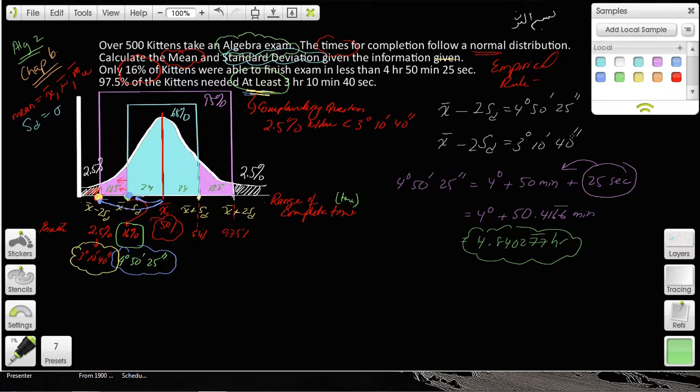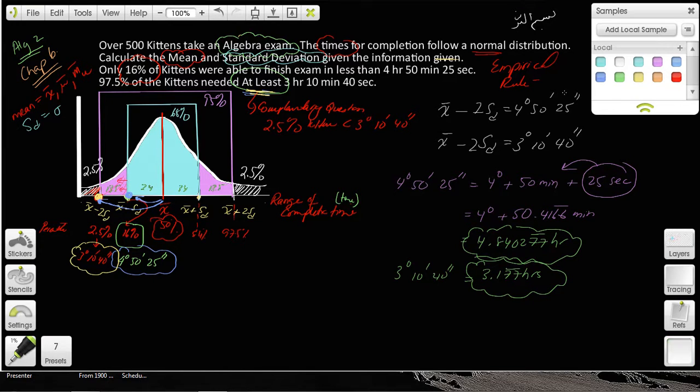In the same way, you have to convert 3 hours, 10 minutes, and 40 seconds into hours, and if you do that, this ends up being 3.177 hours. Now we have both of these in terms of hours.